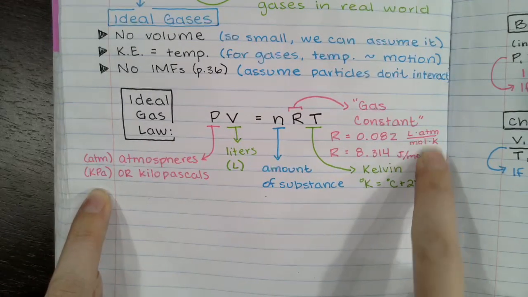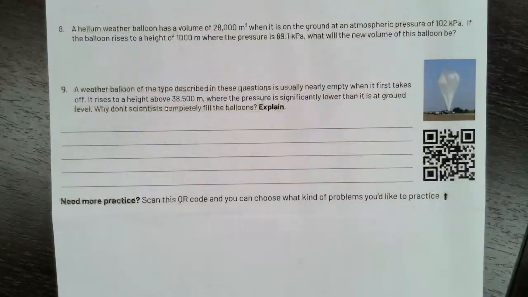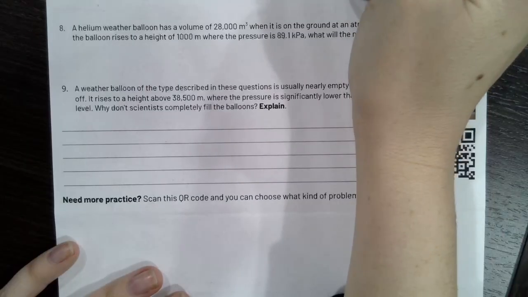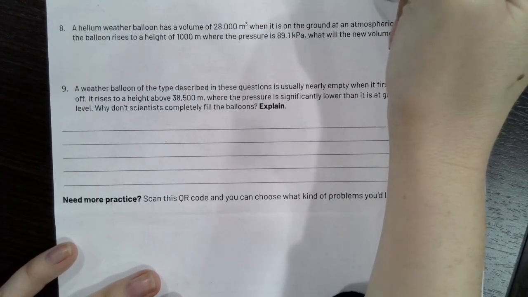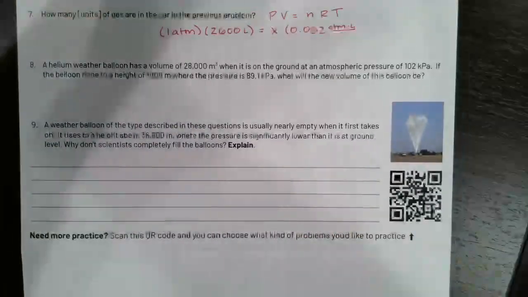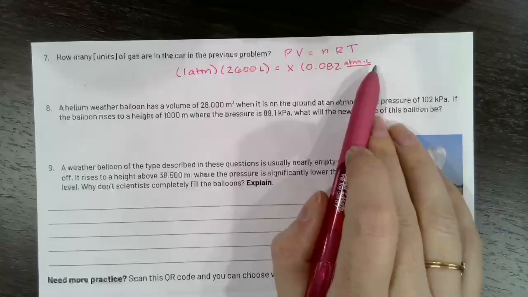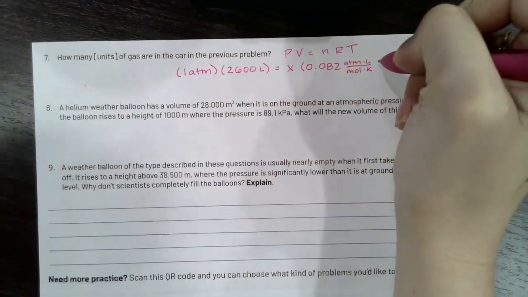If we're using kilopascals, we would have to use the other one. All right, so here we go. 0.082, and the units on that are ATMs times liters divided by what? Oh, thank you. Wow, y'all, I really thought somebody was dying. All right. Atmospheres times liters divided by moles times Kelvin.